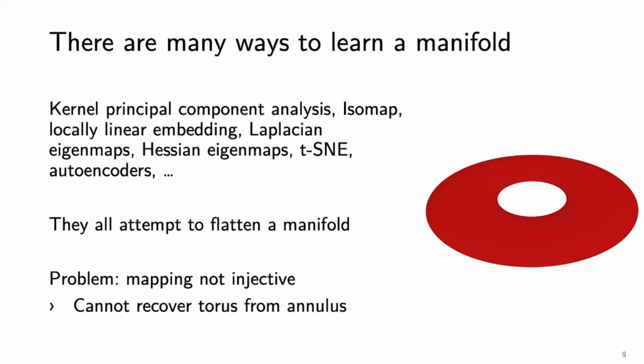And so we can't actually reconstruct the torus from this flattened space. And this is a problem because you've now lost information. You can't go back and forth between the two representations, which is key to having a good representation of the manifold. So in order to fix this problem, we'll have to understand what manifolds are a little bit more deeply.